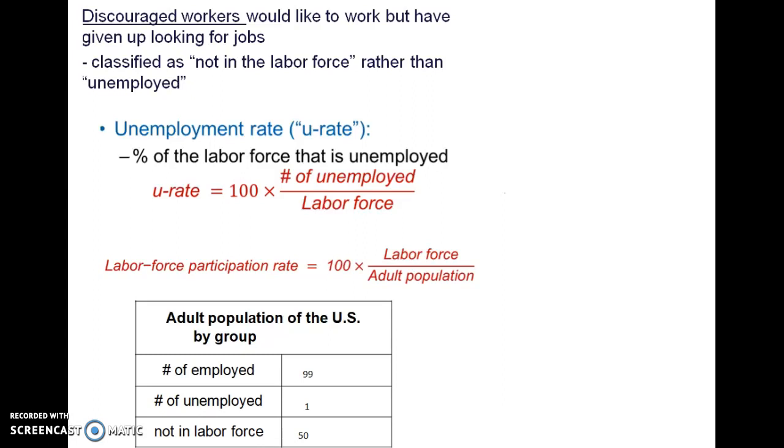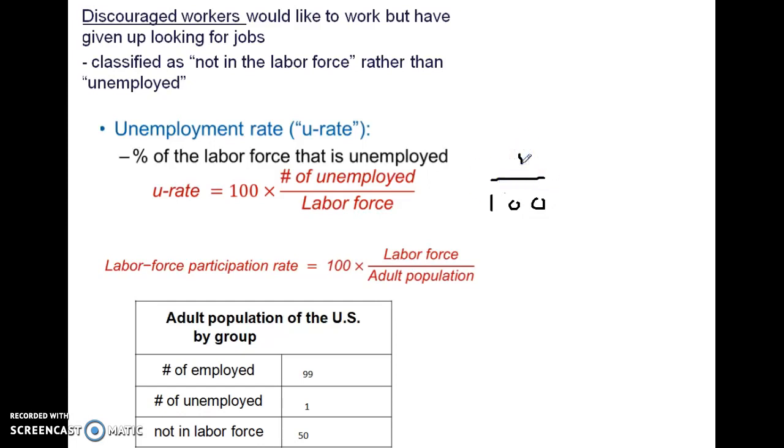So let's actually set up the unemployment rate currently. To figure out the labor force, you have to take the 99 people plus the one unemployed, which gives you a labor force of 100 people. Okay, pretty simple. Number of unemployed, unrealistic, but easy to see in this case, one individual. So for the unemployment rate, that one individual goes on the top.